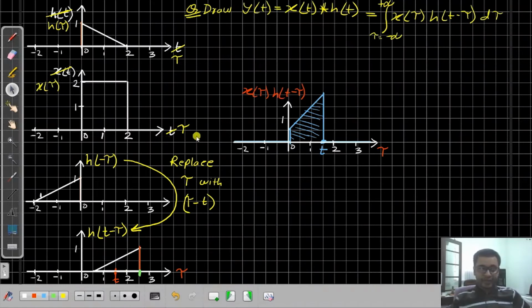This way we can calculate the output at different time instants and draw how y(t) varies with time t.